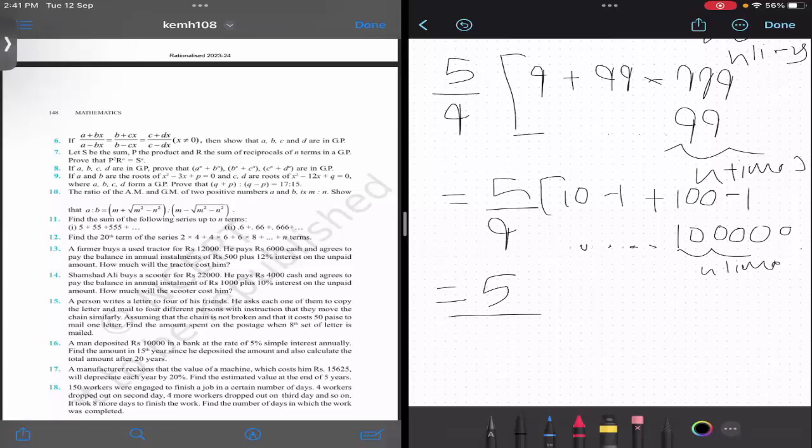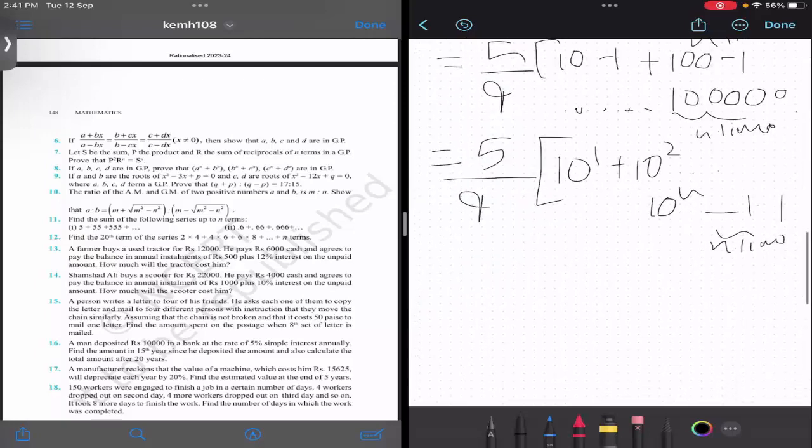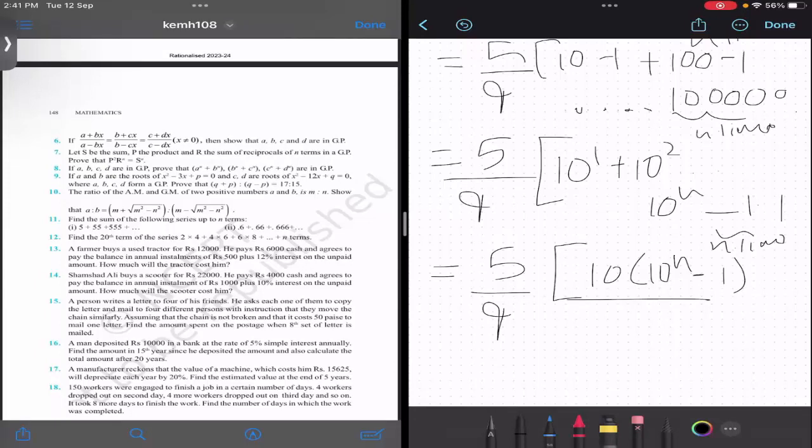Therefore, this would be 5 upon 9. This would be 10 raised to power 1 plus 10 raised to power 2 up until 10 raised to power n, minus 1 up until n times. Correct. So, in essence, it would be 5 upon 9. This would be a GP with the first term as 10, number of terms as n, common ratio as 10.